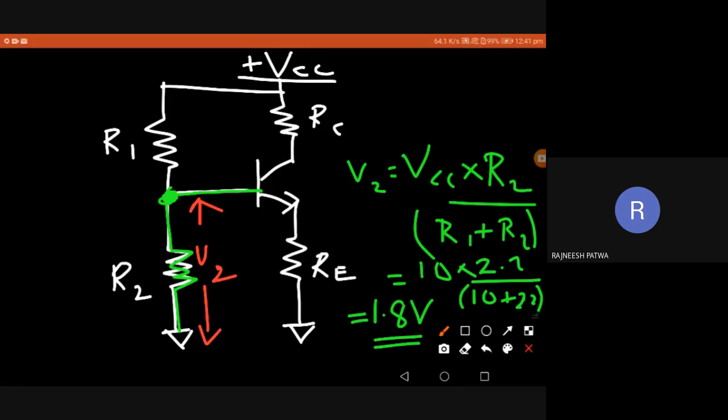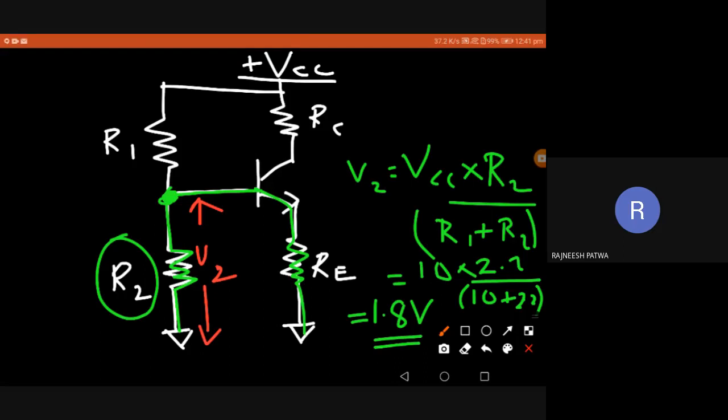So there are two paths here. So I cannot take this resistance as just R2. This is R2 in parallel combination with another path, which has the base emitter junction of the transistor and an emitter resistance. So I cannot exactly tell that the voltage V2 is exactly this 1.8.